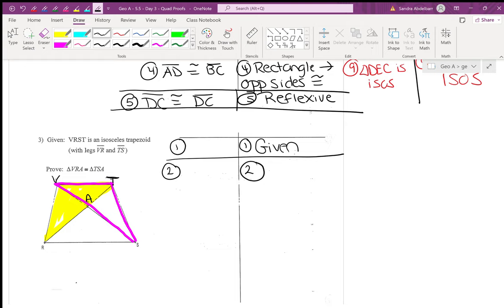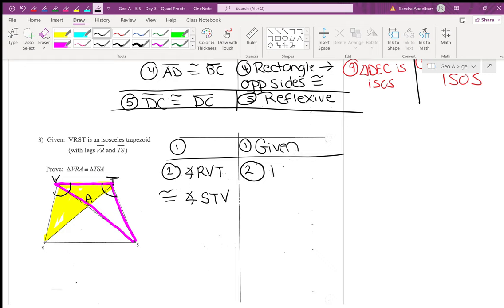So do you guys see this big angle V in the yellow triangle? That's going to be congruent to this big angle T in the purple triangle. So I need to name those angles with 3 letters. So angle RVT is congruent to angle STV.